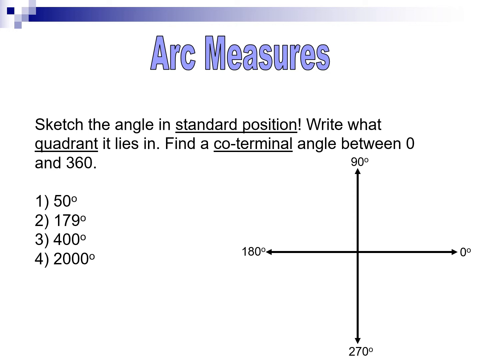To figure out how many times it wraps around, go ahead and do 2,000 divided by 360 degrees, and that'll give you an approximation. It's about 5.5. So it turns out that our graph will wrap around 5 times.